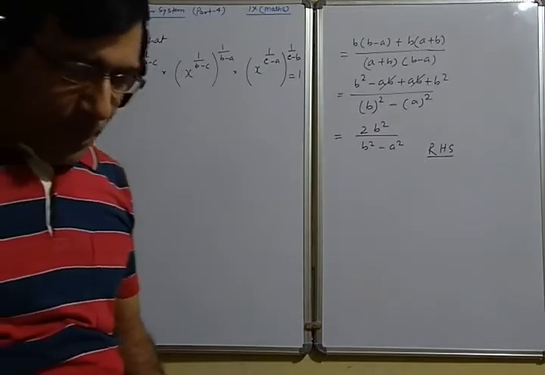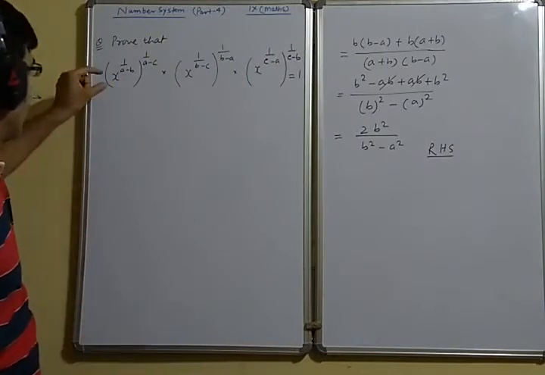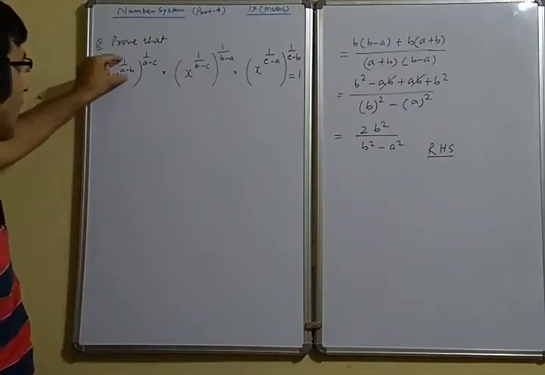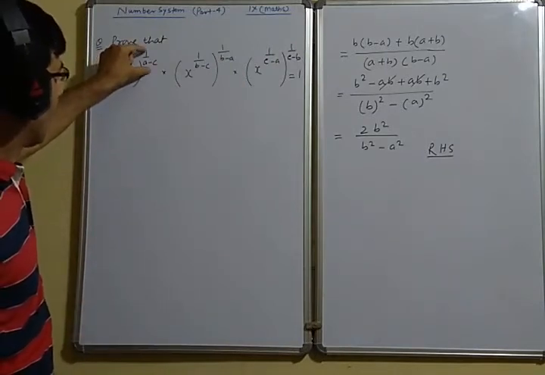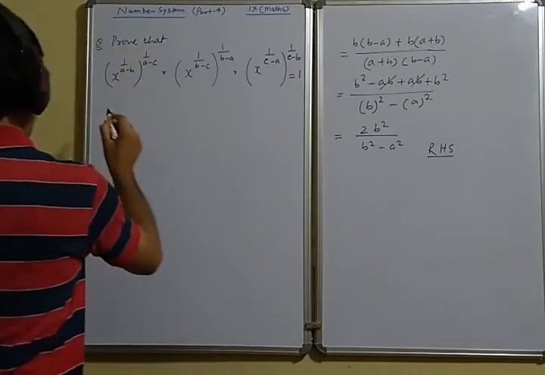So by using the properties of exponents, here we will apply the property a raised to power m raised to power n becomes a raised to power mn. Now take left hand side.